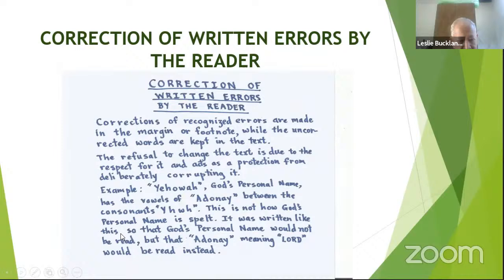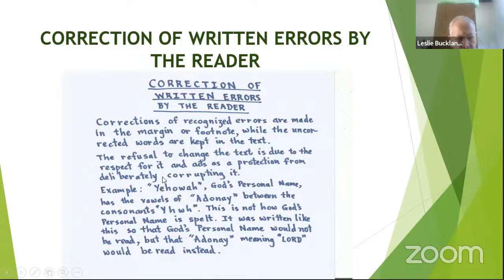It was written like this so that God's personal name would not be read, but that Adonai, meaning Lord in English, would be read instead. Now, this is just one way of getting the reader's attention that there is an error in the text.